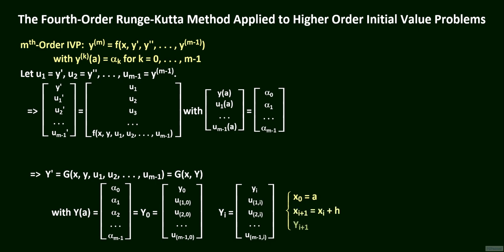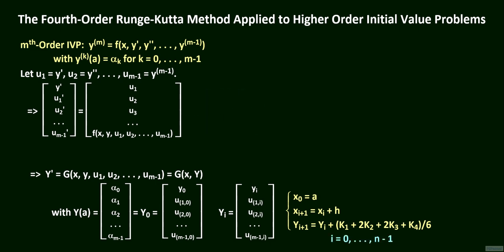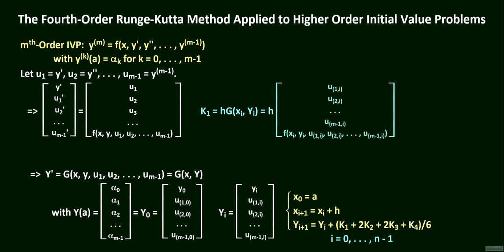The vector y sub I plus 1 equals y sub I plus the sum of the vectors k sub 1, 2 k sub 2, 2 k sub 3 and k sub 4 divided by 6. K sub 1 equals h times g applied to x sub I and the vector y sub I, and is equal to this quantity.